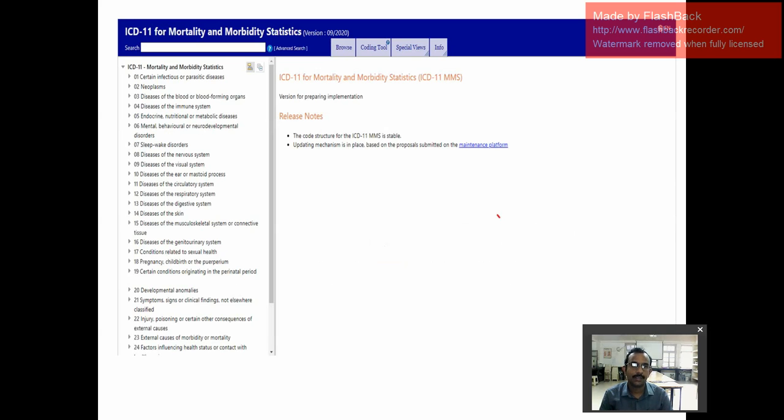In this ICD 11 classification, we will see different classifications like certain infectious or parasitic diseases, neoplasms, hematological disorders, immune disorders, then metabolic disorders, behavioral or psychiatric disorders, then nervous disorders, visual disorders, etc., circulatory, respiratory, digestive disorders, etc. They classify in a hierarchy and code it.